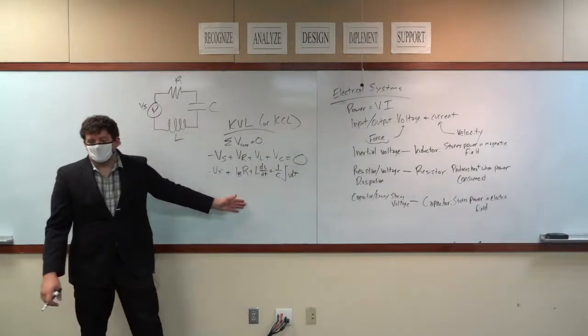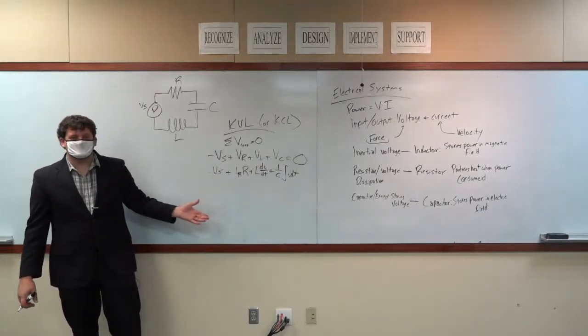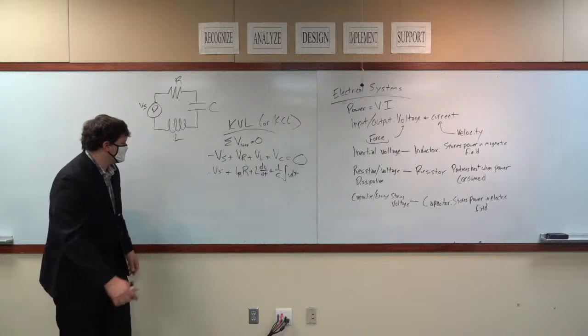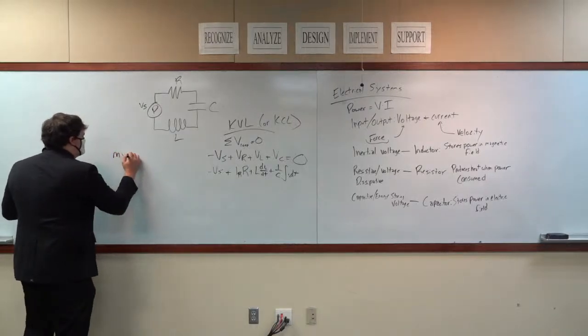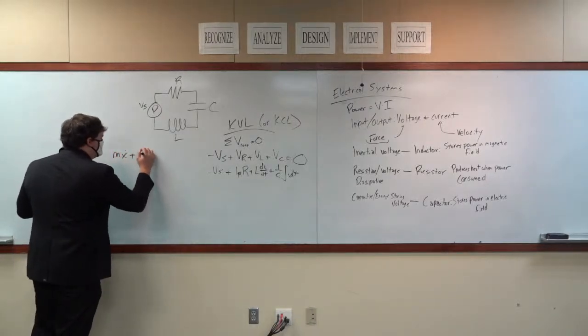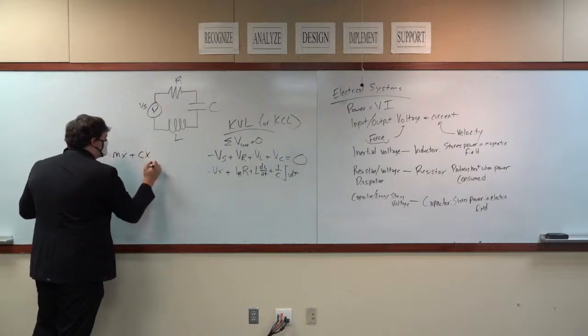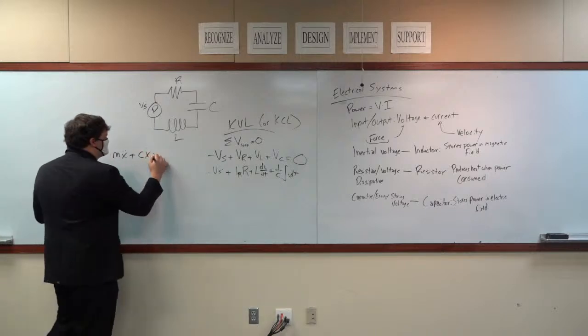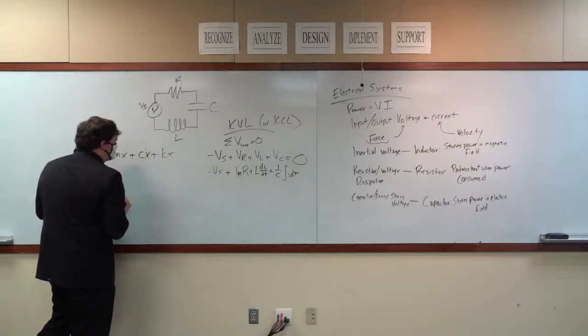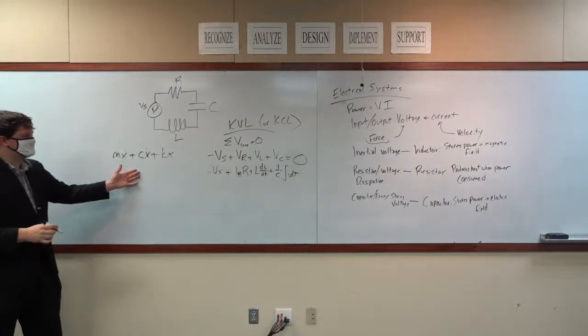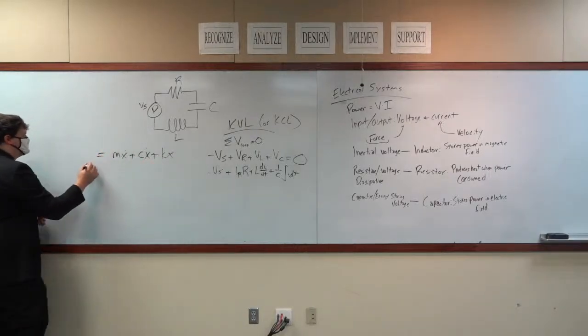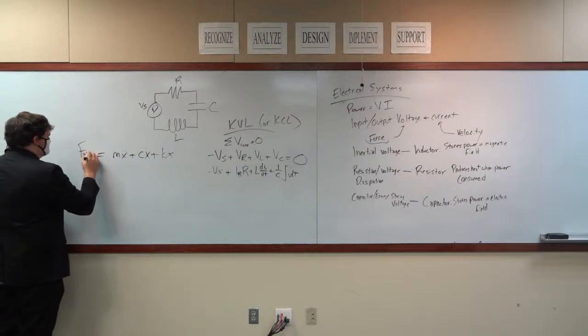So what we come up with once again is a second order system. Just like we were dealing with mass times double dot acceleration plus C times single dot velocity plus K times displacement, where each one of these were forces that were set equal to some forcing function.